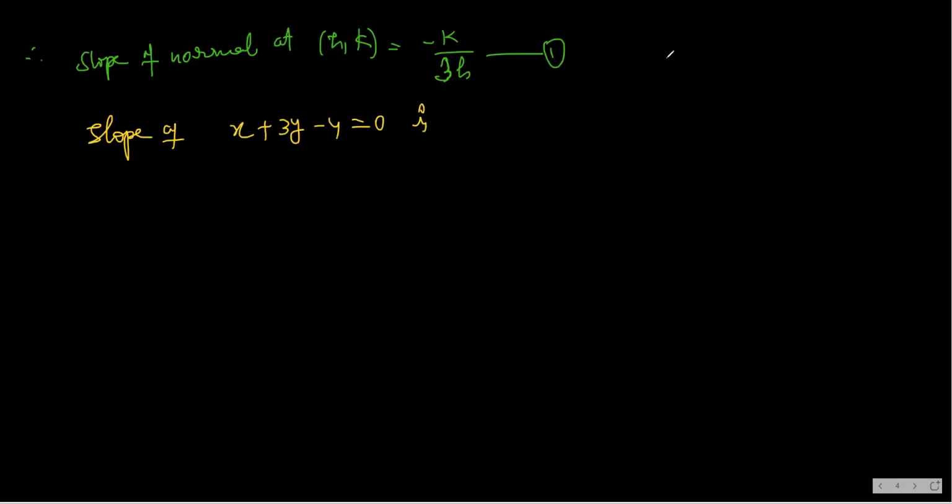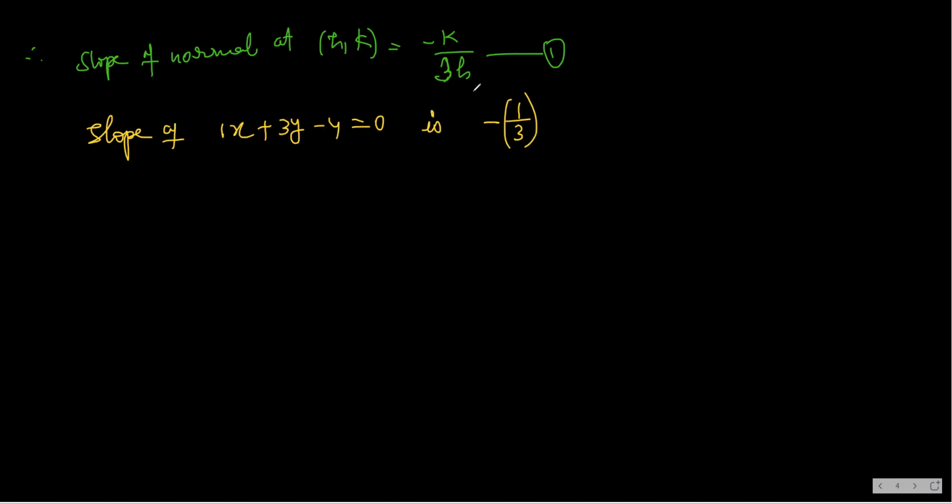It is negative a upon b. What is a? A is 1. What is b? 3. So -1 by 3. Okay, slope of this.